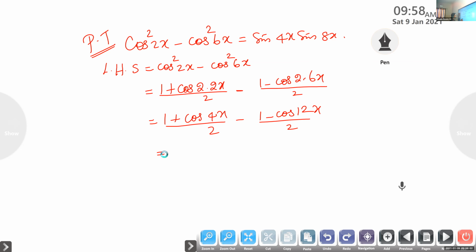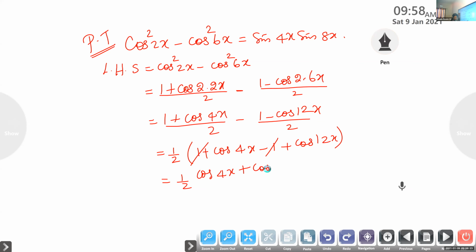Now you can take 1 by 2 as common. Inside, 1 plus cos 4x minus 1; minus is common for the full term, so it becomes plus cos 12x. Again 1 and minus 1 get cancelled. It is the same as half of cos 4x plus cos 12x.